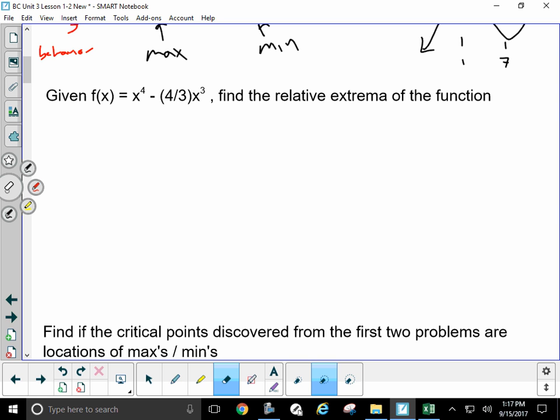Factor out 4x squared. Very nice. Check your answers with a neighbor. Don't rush your neighbor, though, if they're not done yet.